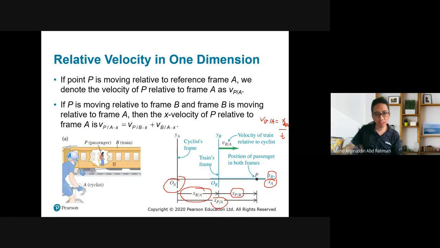As you can see here, XPA is the sum of XBA and XPB. So that's why VPA is equivalent to VPB and also VBA.